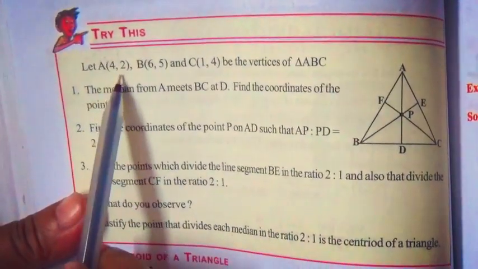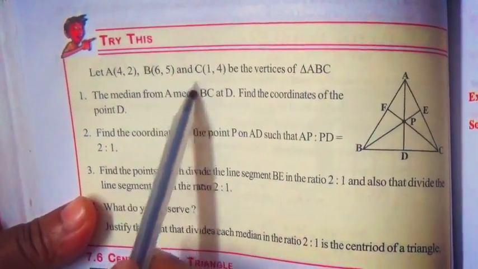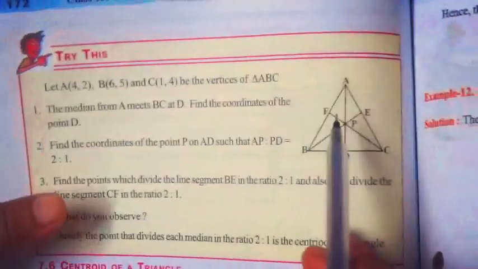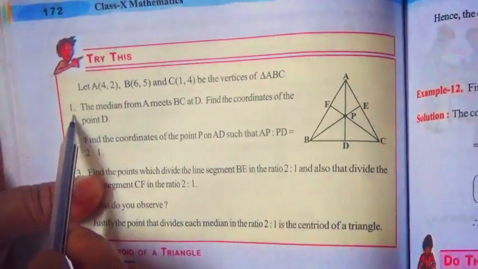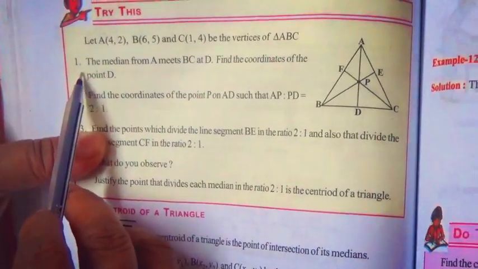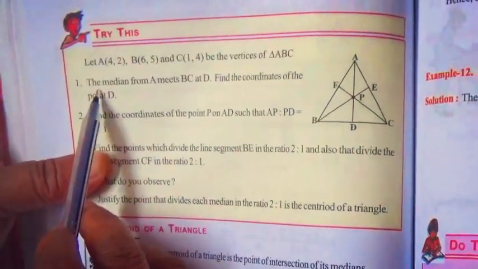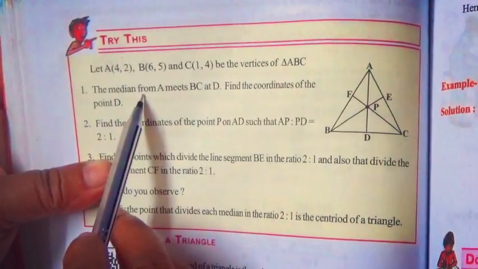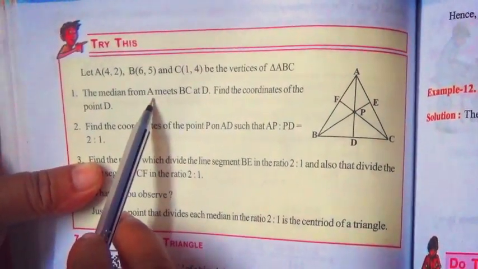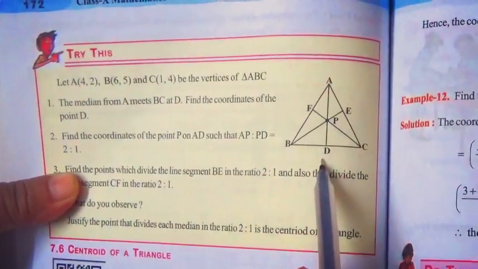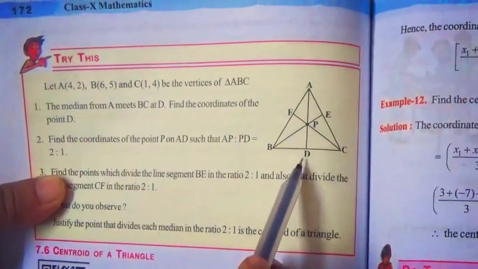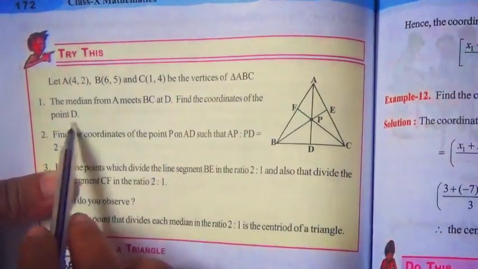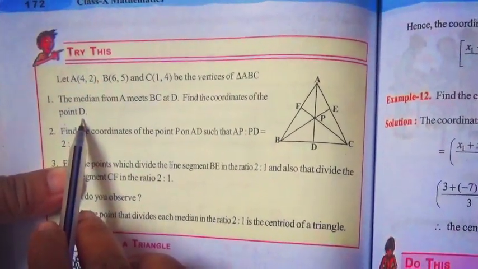Let A 4, 2, B 6, 5, C be the 3 points given, and they are the vertices of a triangle. First of all, the question is the median from A. Median from A meets BC at D. Find the coordinates of that point D.